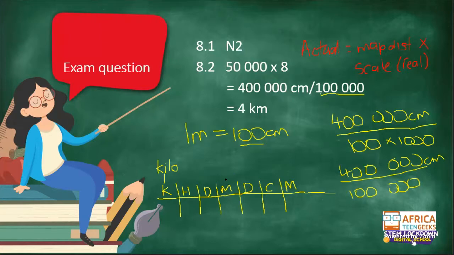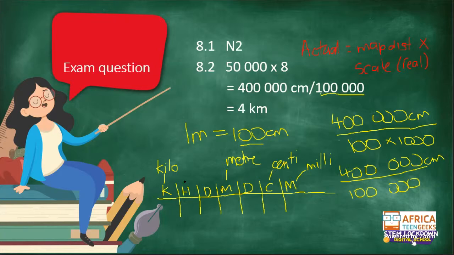And then M is meters, for example. And then C is centimeters. And this last M is millimeters. Now converting between any unit is actually simple.